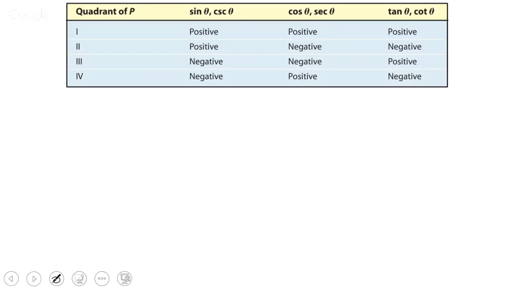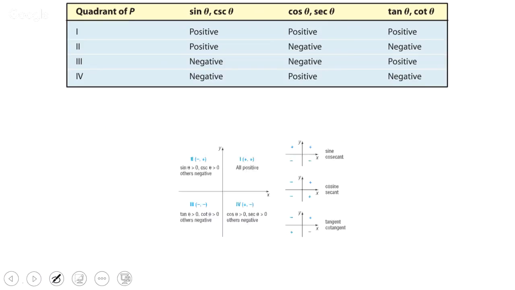So when you're looking at your trig functions, when you're in quadrant 1, everything is positive. When you're in quadrant 2, sine and cosecant, the reciprocals, follow each other. So sine and cosecant are going to be positive, cosine and secant are going to be negative, and tangent and cotangent are going to be negative.